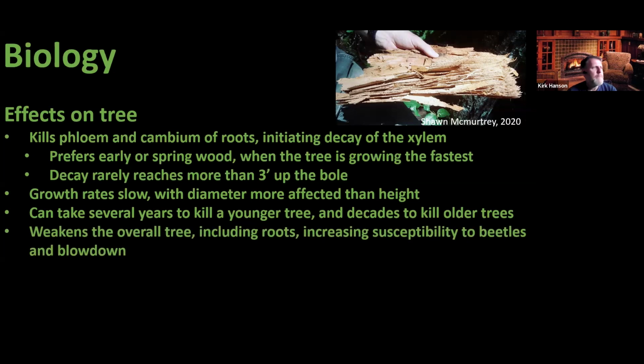But again, overall the tree is weakened, including the roots, and this can increase susceptibility to other disturbance agents, beetles or blowdown, since the roots are weakened. And then some of the research on root rot pockets showed that the rate of mortality within these areas is about 26% over 20 years. And so, if that were consistent, that would mean that all of the trees within a particular area that's infected would die within 80 years or so. I don't think that this is always necessarily the case.